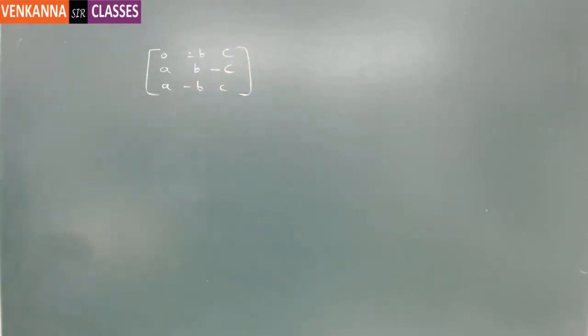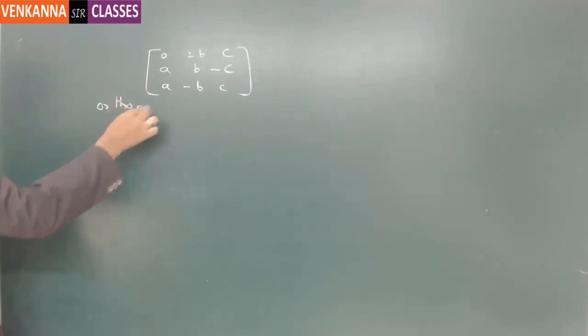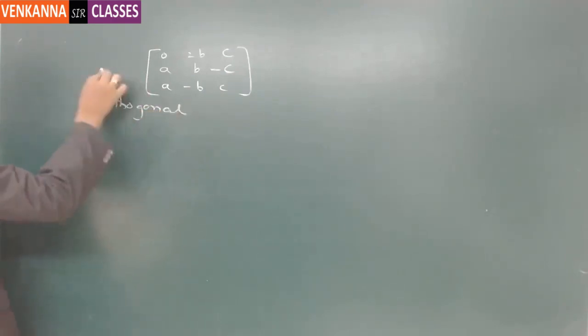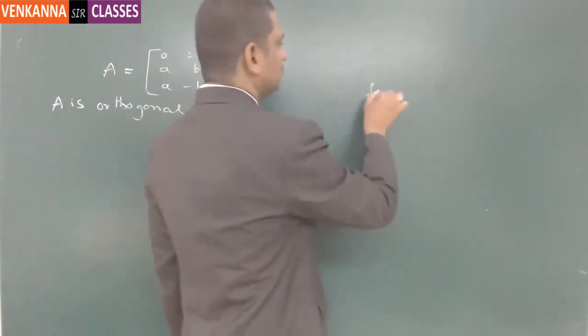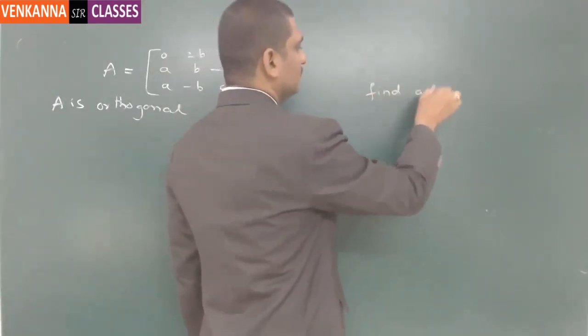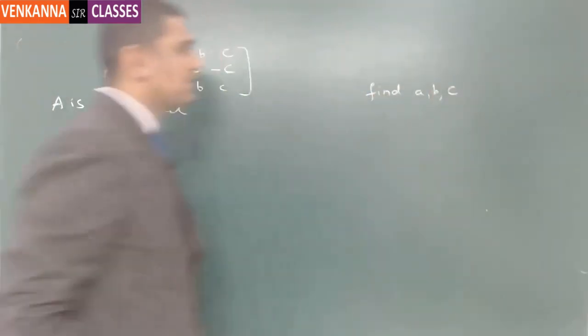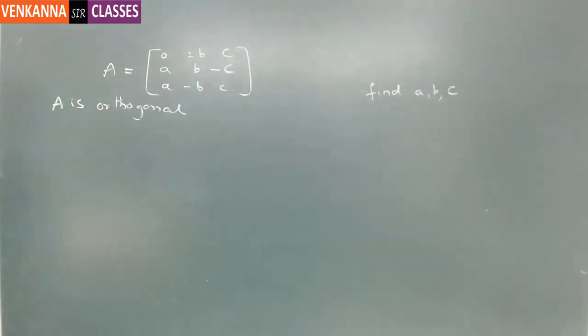And I have given that it is an orthogonal matrix. So your part is to determine the values of a, b, c. So I have given a square matrix A which is orthogonal, and we have to find the values of the entries a, b, c in capital A.